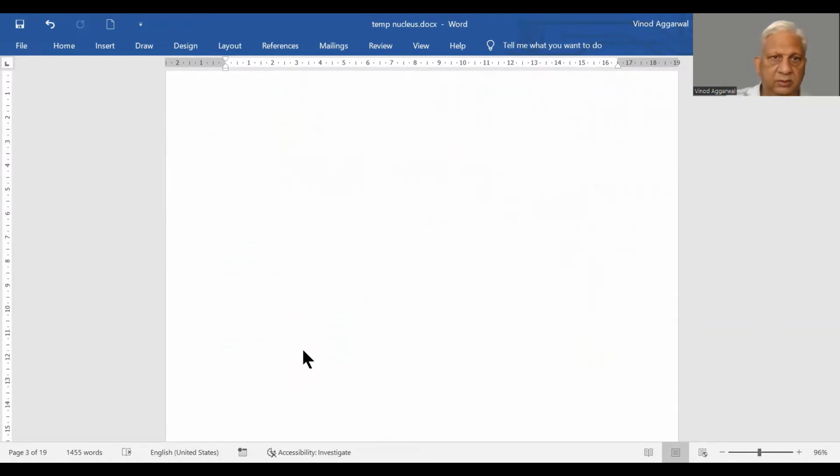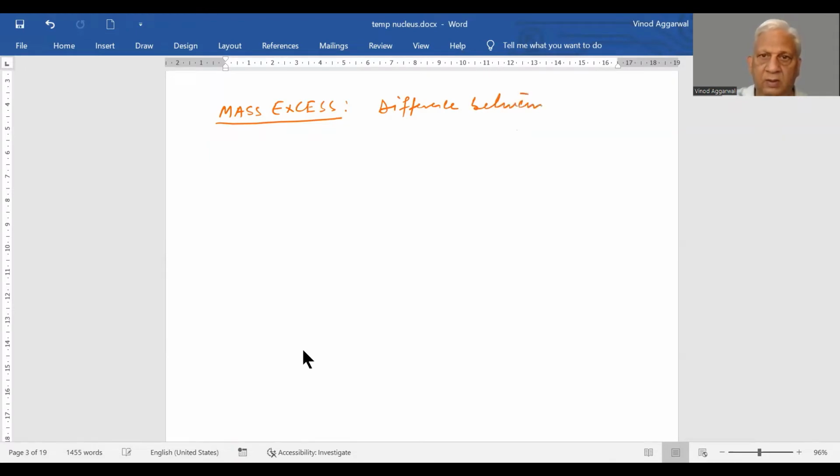The next topic is mass excess. What is mass excess? This is the difference between the actual mass of an atom and its constituents.